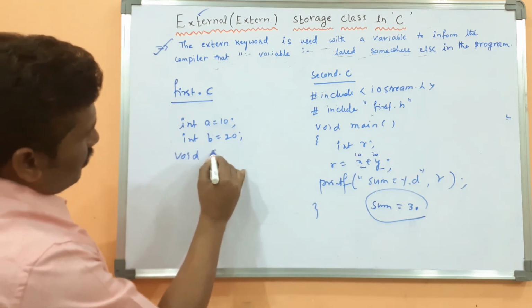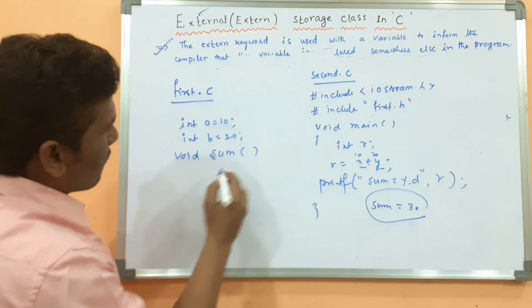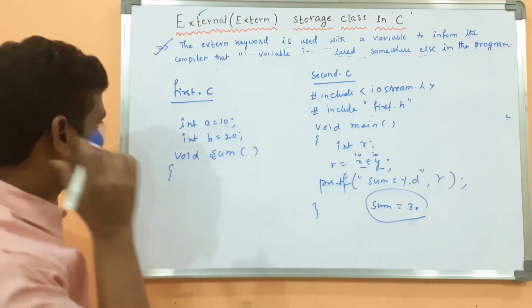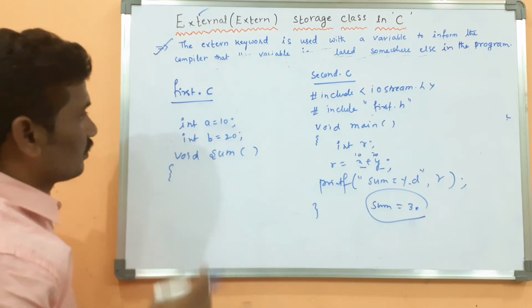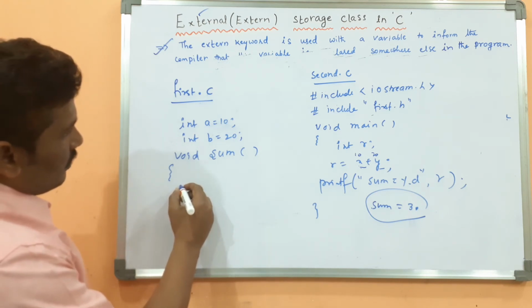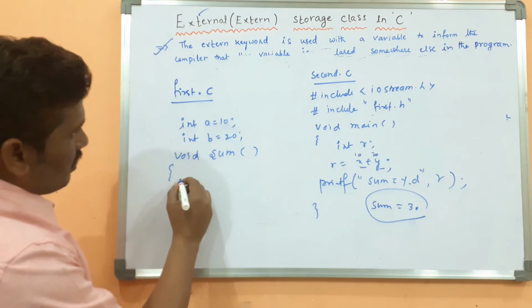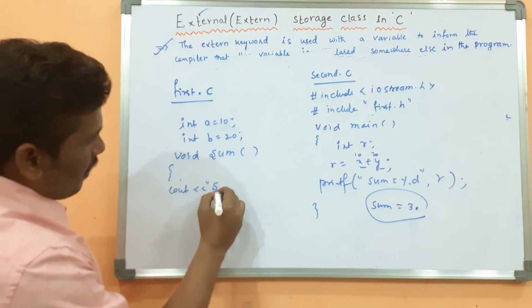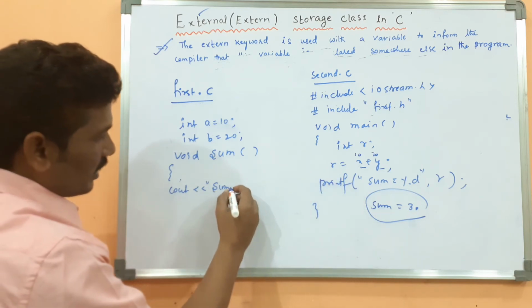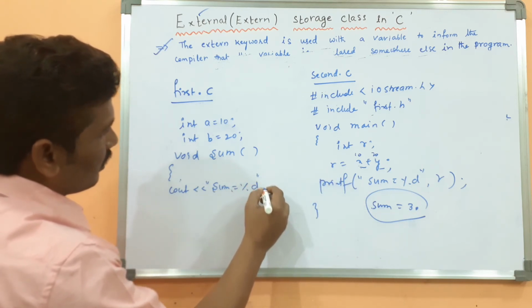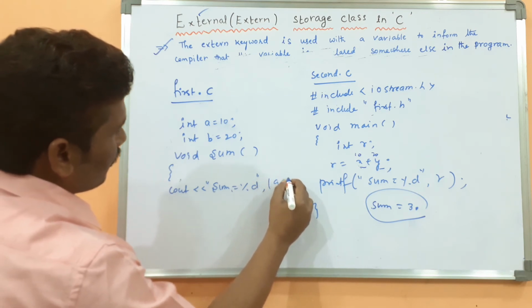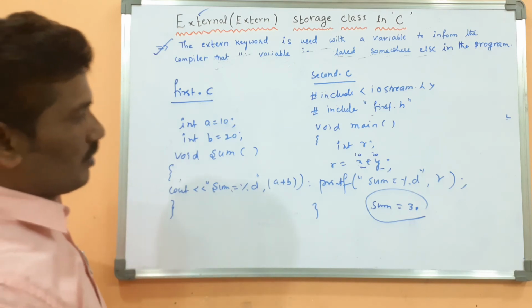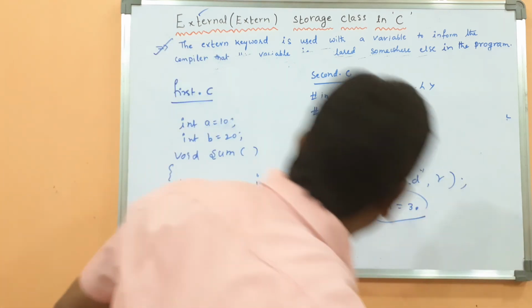Then void sum, printf. Here I am writing sum equal to percentage d, a plus b. Then here what is the statement I am going to write?